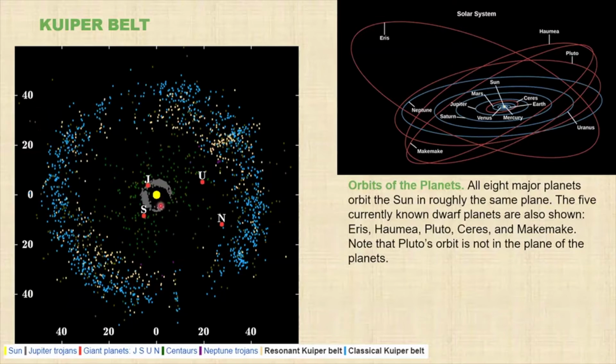And as you can see, the Sun is at 0 AU. The Sun-Earth distance is 1 AU. AU is the astronomical unit. It's a different system of measuring distance in the solar system.